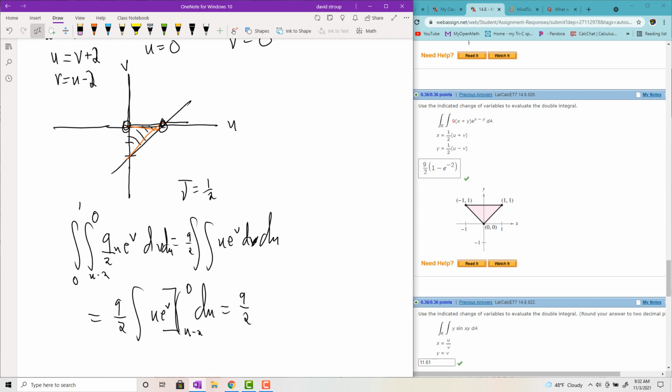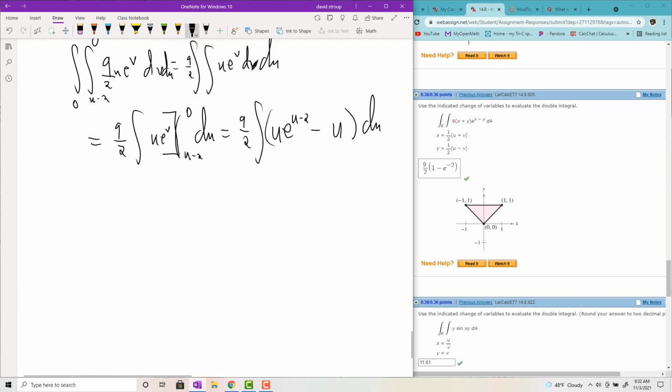So it would be 9/2 integral of u e to the 0, which would just be a 1, minus u e to the u minus 2, du. And it looks like I'm going to have to do integration by parts on this part. Okay, first I'm going to rewrite it though.